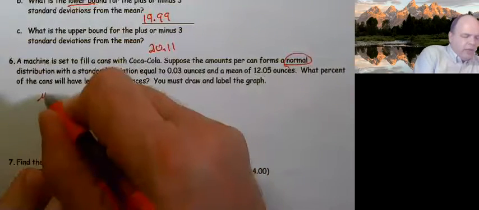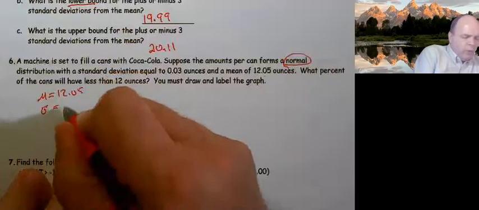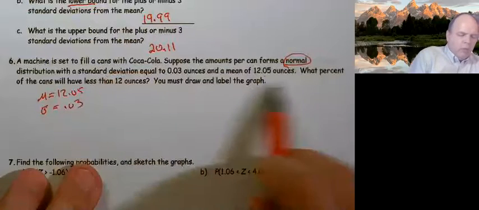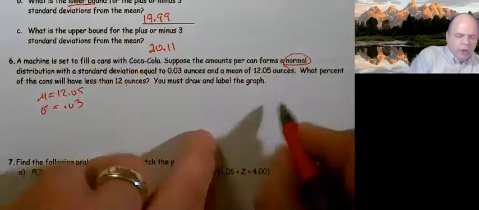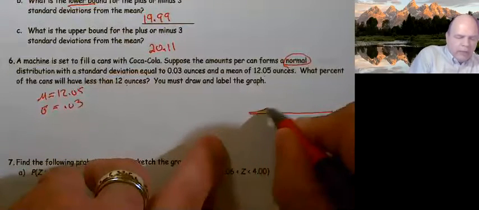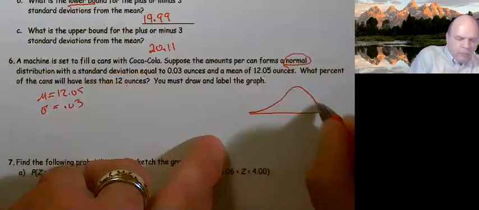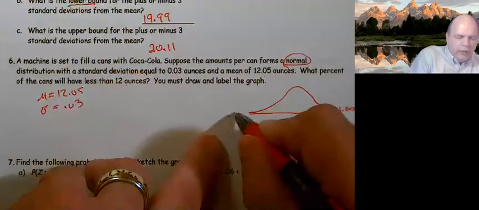So my mean in this case is 12.05, standard deviation is 0.03. What percent of the cans will have less than 12 ounces? So we always need to draw our picture. A picture eliminates a lot of errors. So this goes to positive infinity, this goes to negative infinity.